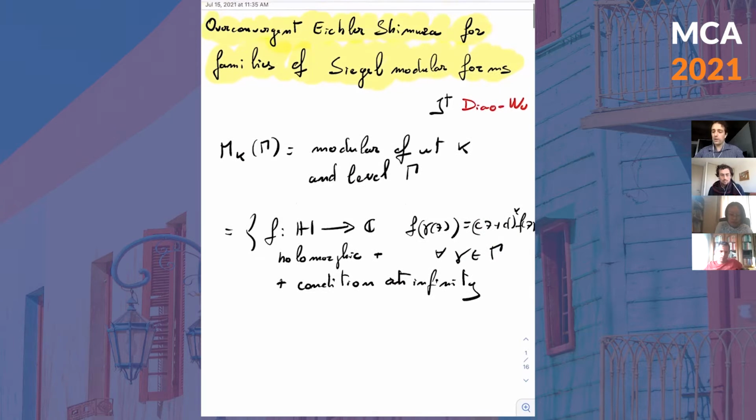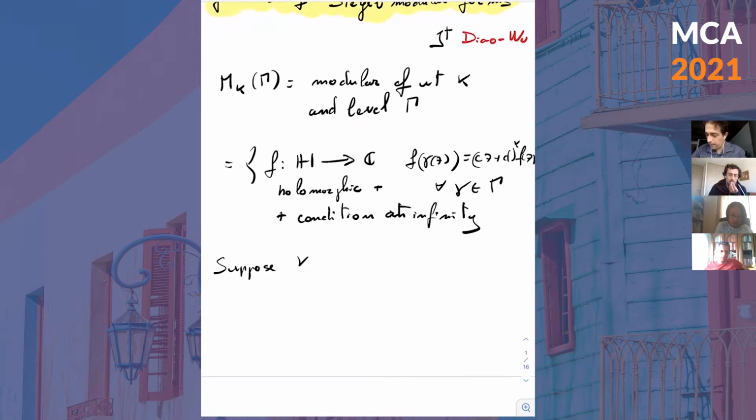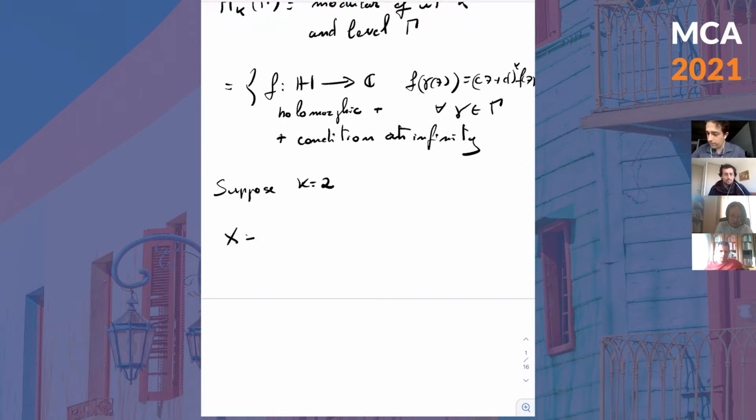So the Eichler-Shimura isomorphism, the classical one by Eichler and Shimura, is somehow interpreting these modular forms that I defined in complex terms as some geometric object. So the first thing to notice is that, for example, suppose that k is equal to 2, and we're going to consider the following curve, X, which is H modulo Γ.